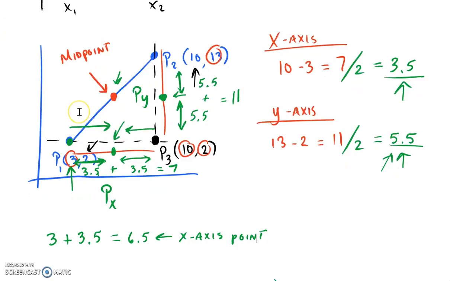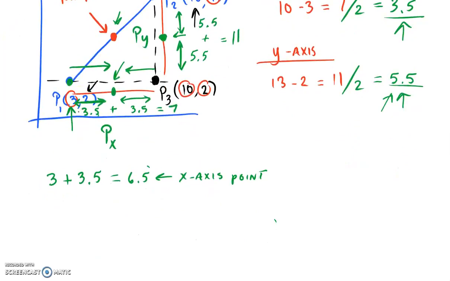Let me scroll down a little bit. And similarly, for our y value, if we start at P3, we're starting with a y value of 2, and we need to go up 5.5 units. So we start at a value of 2, plus 5.5 puts us at 7.5.